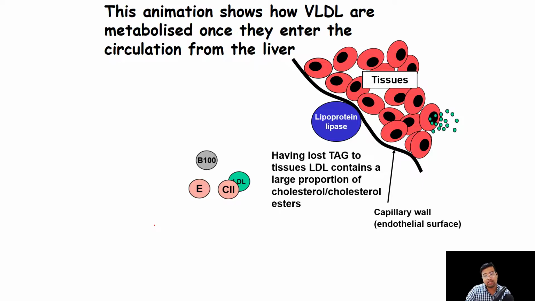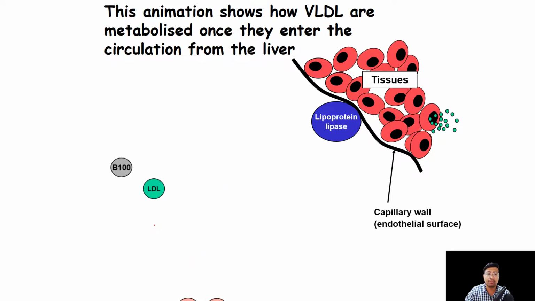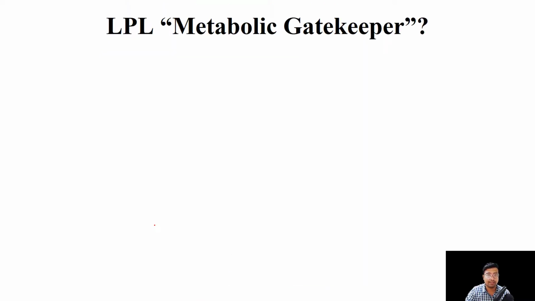But the ultimate fate is production of LDL after donating the ApoE and ApoC2 to the HDL. So the lipoprotein only remains as a cholesterol core with B100 as the apolipoprotein. Once LDL is formed, it has two metabolic fates. It can be taken up by the liver with the help of the LDL receptor, or it can be used in delivery of cholesterol to the extrahepatic tissue.